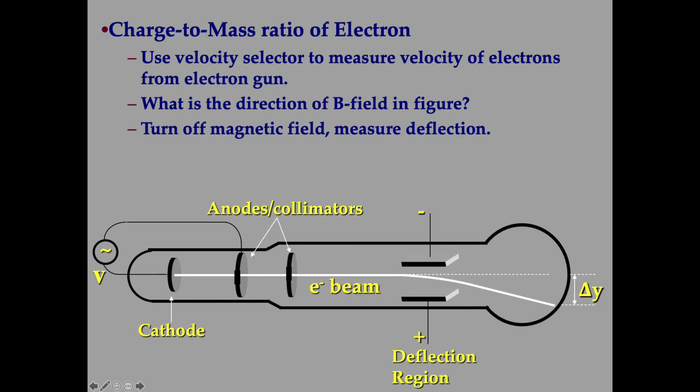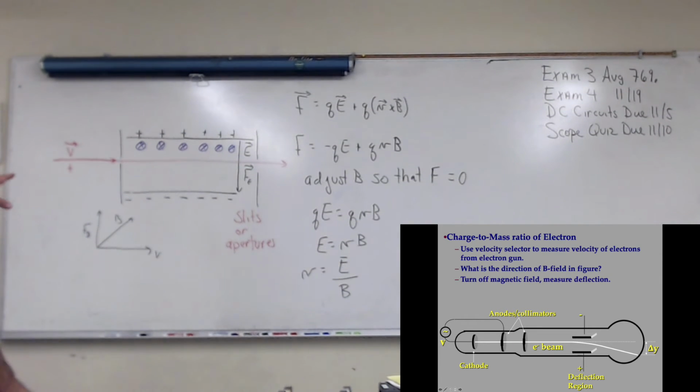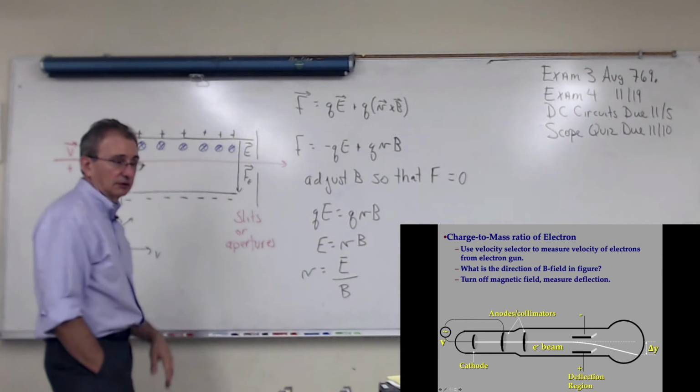And of course, the potential difference between those plates divided by how far apart they are gives you the electric field. So he knew the electric field. Then perpendicular to the electric field, as we showed in this picture here, he applied a magnetic field.